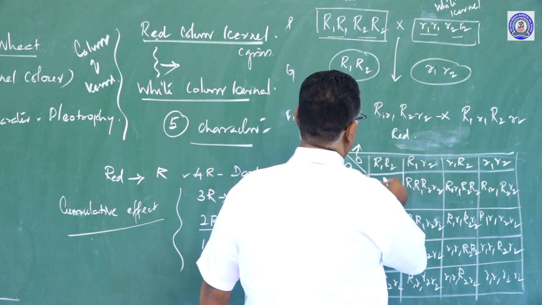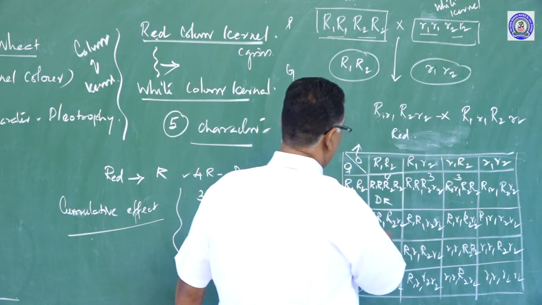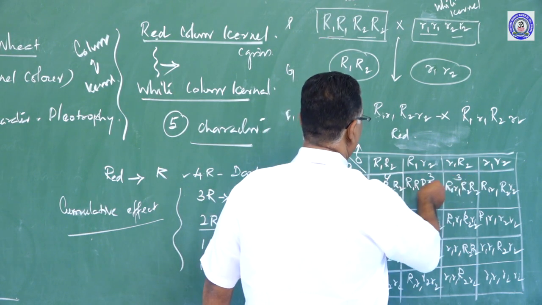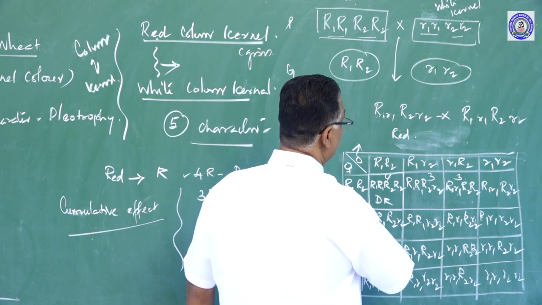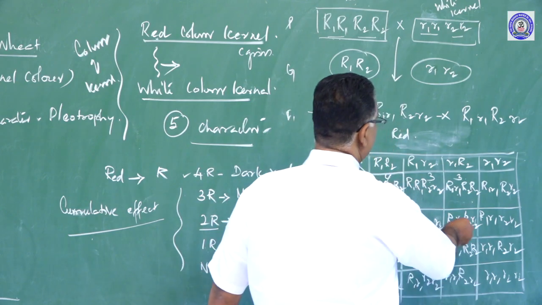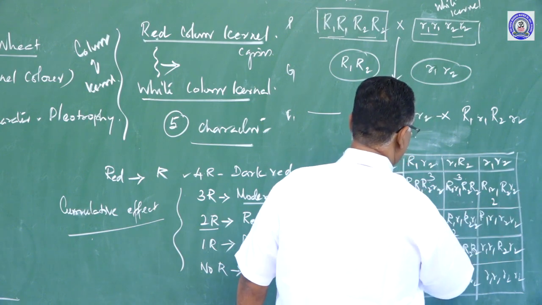Where there are 3 dominant genes, they will produce the moderate red. And here 2 dominant genes.